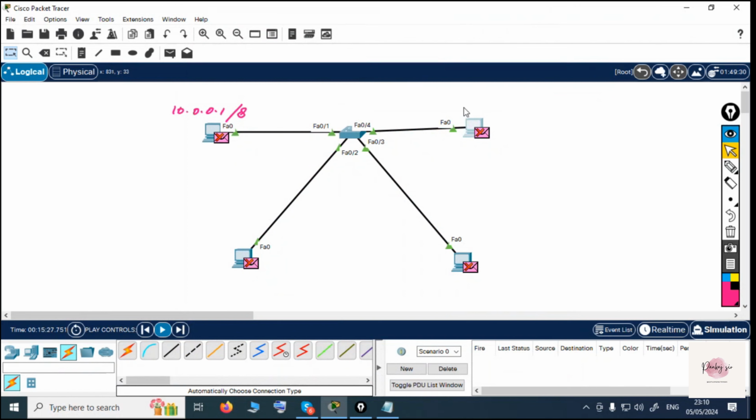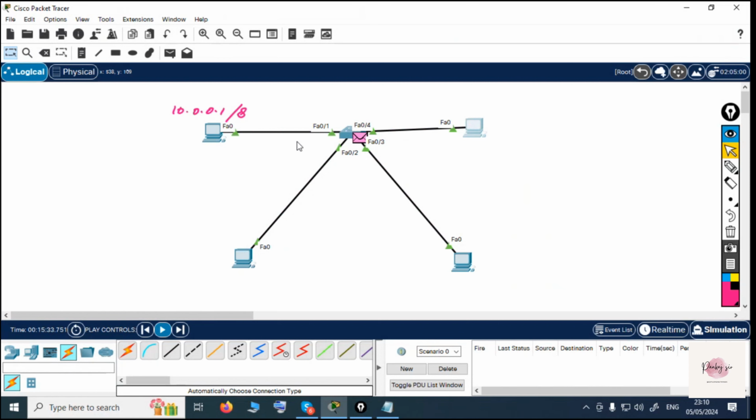Now let's see, since it is a switch, it is full duplex in nature. So no matter, even if all the PCs are sending and receiving data from all other PCs, the data will not collide because I have already explained to you that from all ports to all other ports, there are paths to send the data and receive the data. They are separate paths.